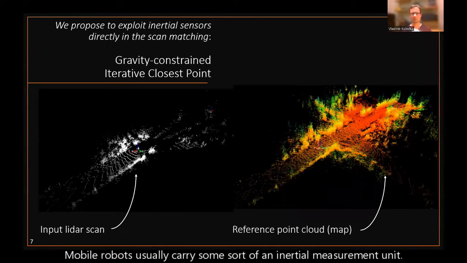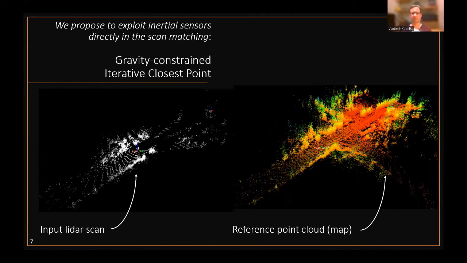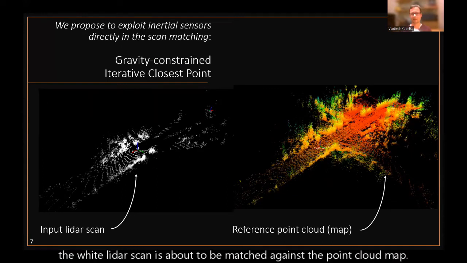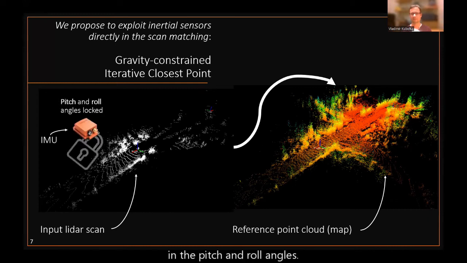While mobile robots usually carry some sort of an inertial measurement unit, we propose to exploit this sensor to suppress the drift in the roll and pitch angles. In the scan matching problem presented here, the white lidar scan is about to be matched against the point cloud map. Since the robot carries an IMU, the input can be correctly oriented in the pitch and roll angles.